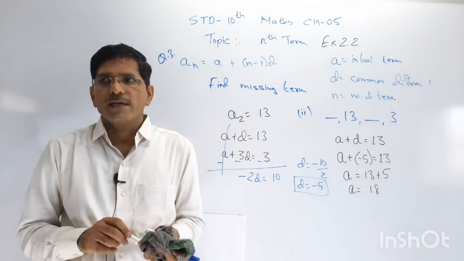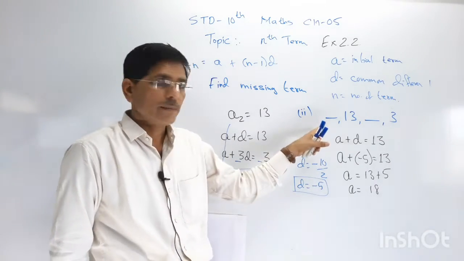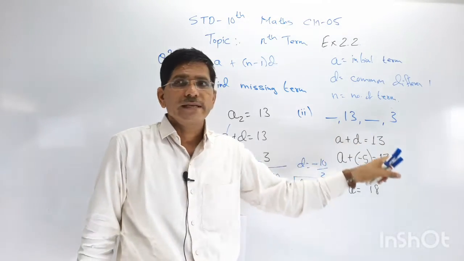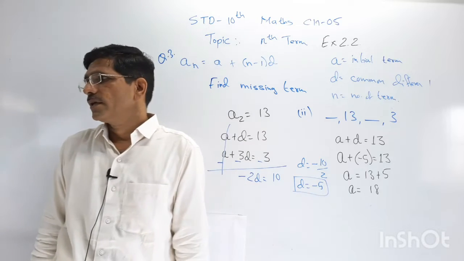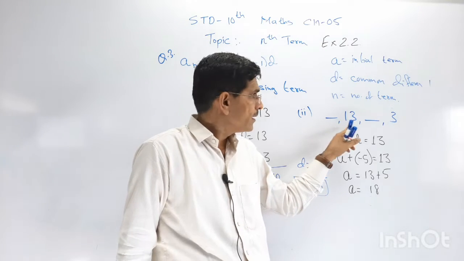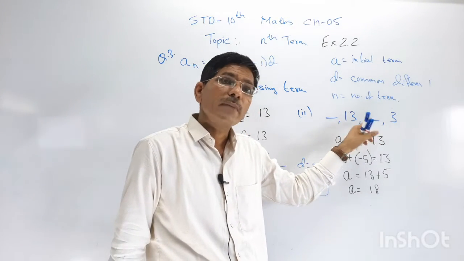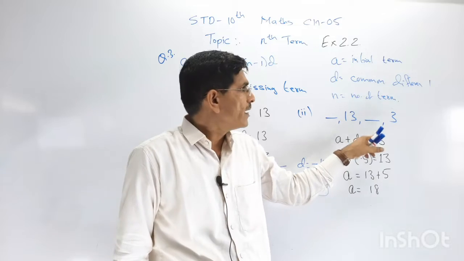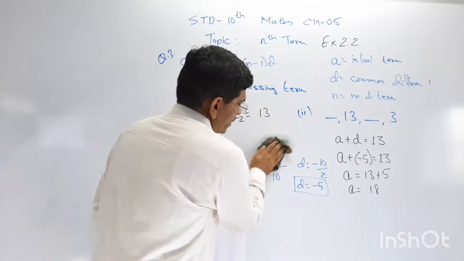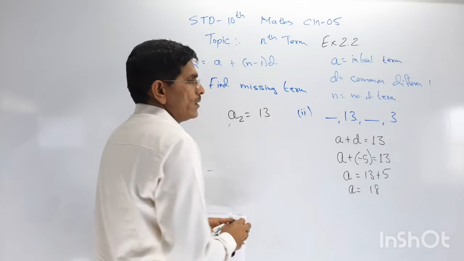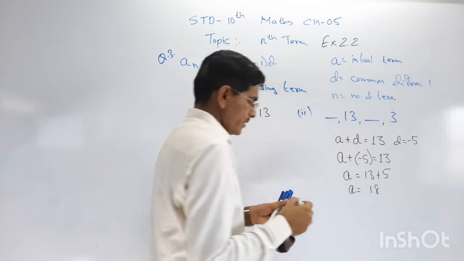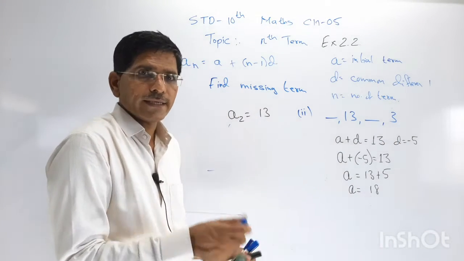So the initial term is 18 and the difference is 5, but minus means it is in decreasing order, not increasing order. So 18, then 13, then again minus 5 that is 8, again minus 5, 3. But how we get 8, that we have to see. We already know D is equal to minus 5 and A is equal to 18.